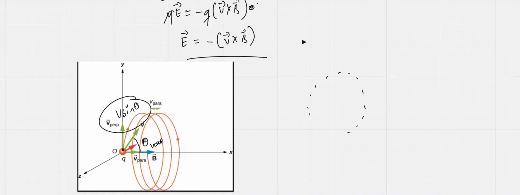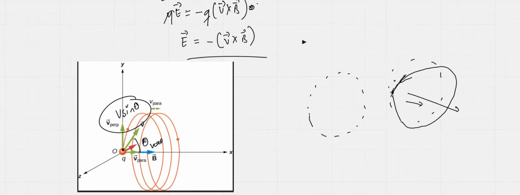But it also has a velocity in the front direction, so the particle which was supposed to go from here to here went a little bit this way instead. Ideally it should be closing, but due to the velocity in the front direction, instead of closing it went into a helical path.